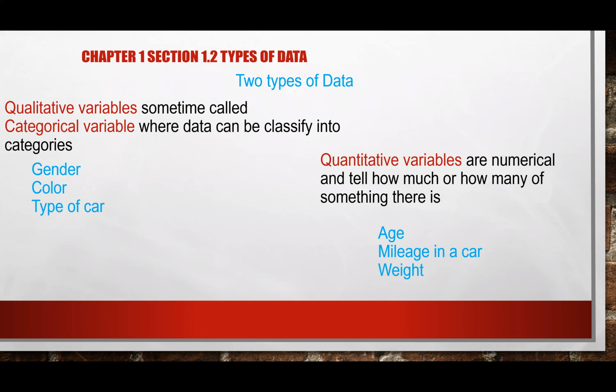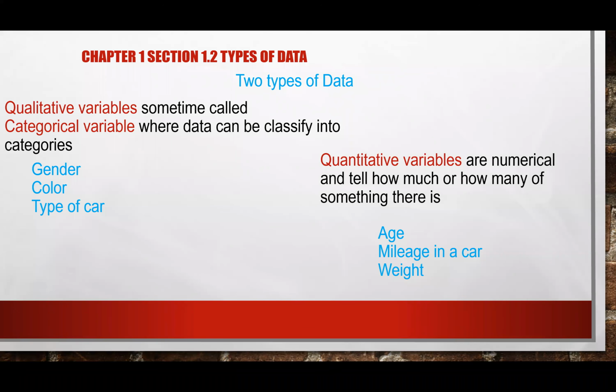I tell my students to make it easy: just think in terms of quality versus quantity. Quality can be good, okay, bad. That's your category. Your quantity is how much of the item you have.